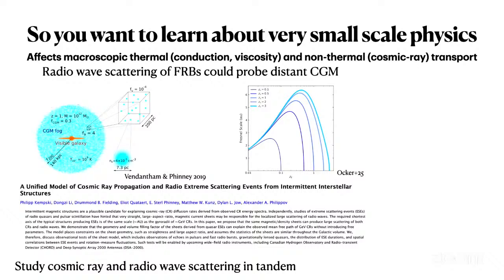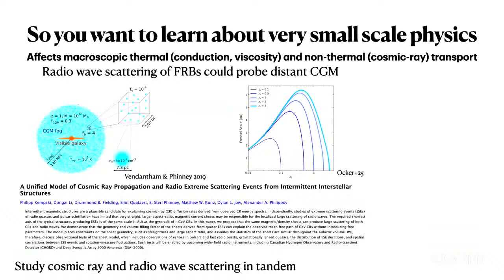You have ions random walking, that affects your viscosity. And then you have non-thermal stuff random walking, like cosmic rays. That's a separate fluid that many people here work on that can transfer momentum and energy to gas. And these days it's thought to be potentially very important in feedback.